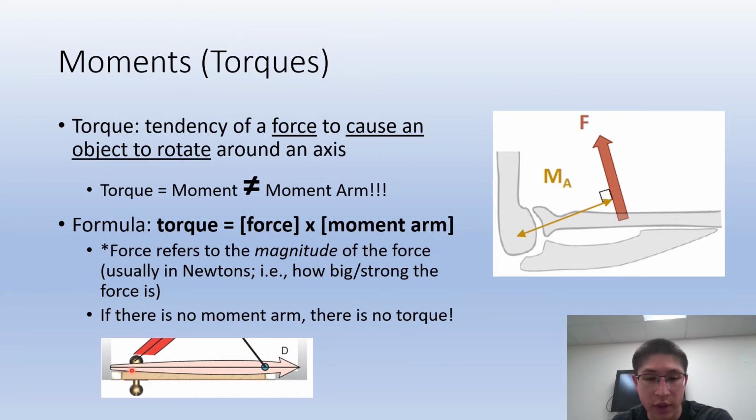So in this case, the line of force is passing through the axis of rotation, therefore you don't have a moment arm. The moment arm equals 0. So in this case, the torque also equals 0, since the torque is the force multiplied by the moment arm. So if the torque equals 0, that means that you can push on the object, but that pushing, or that force, it's not going to actually cause the object to rotate because there's no moment arm and therefore there's no torque.